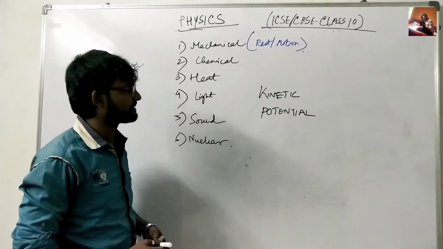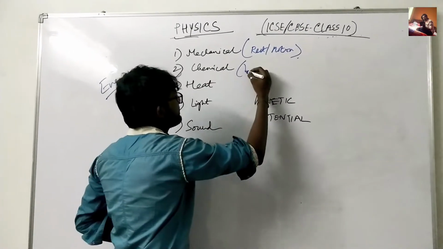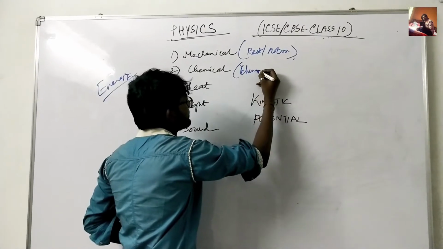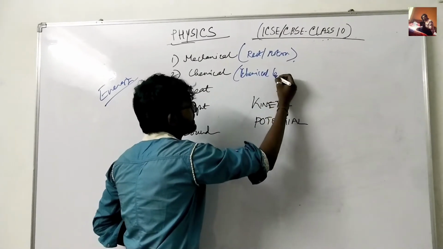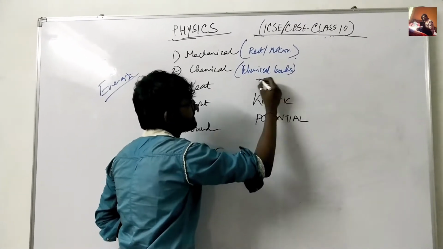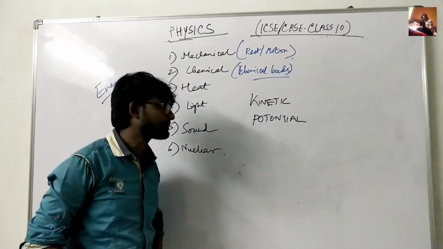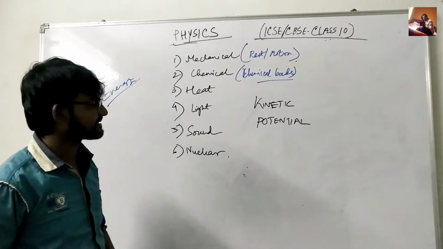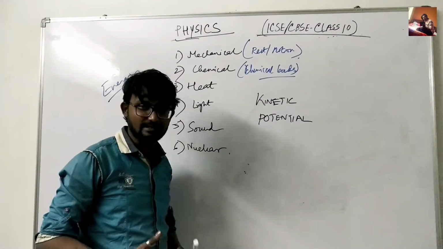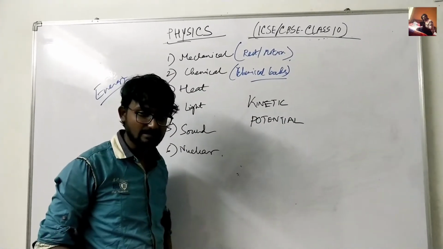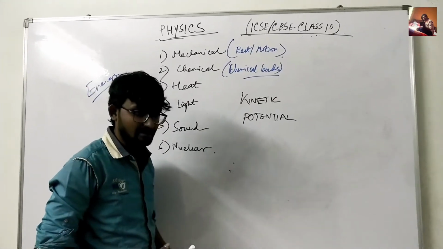Then coming to chemical energy. Chemical energy is basically the chemical bondings in your body, the molecules and atoms, that it is built up of. Heat, as you know, is the temperature your body is holding, a kind of energy.